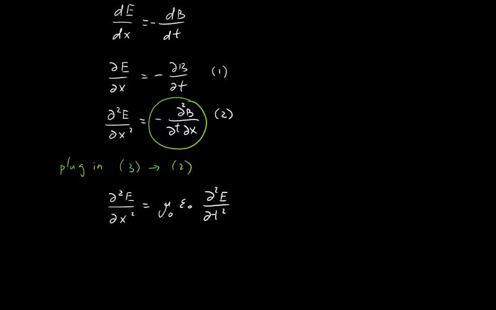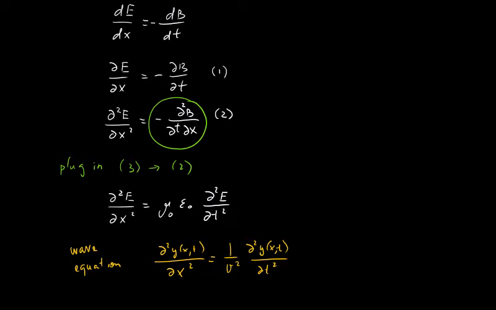Let's recall what our wave equation is. Usually our wave equation is d2y(x,t) over dx2 equals 1 over v squared times d2y(x,t) over dt2.